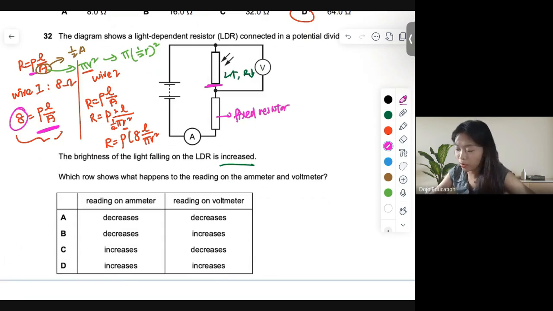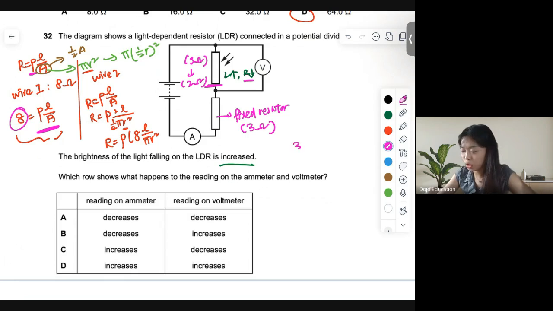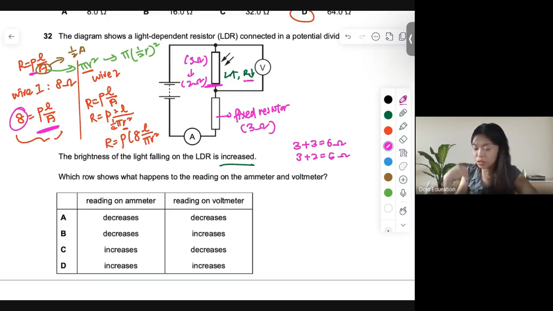For example, this one is 3 ohms, and initially my light dependent resistor is also 3, but now it decreases to maybe 2. So my total resistance decreases, because initially it was 3 plus 3, 6, but now it's 3 plus 2 because they're in series, so it's just 5. My resistance decreases, so what will happen to my current? My current will increase.